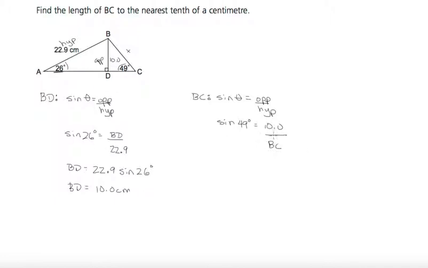Now remember, if we had the BC on the bottom, or whatever we're solving for on the bottom, we just flip these 2 around. So BC is going to equal 10.0 divided by the sine of 49 degrees. Now put that into the calculator. Again, you can use the triangle. You would cover up the hypotenuse, and you would see it's the opposite over the sine of 49.